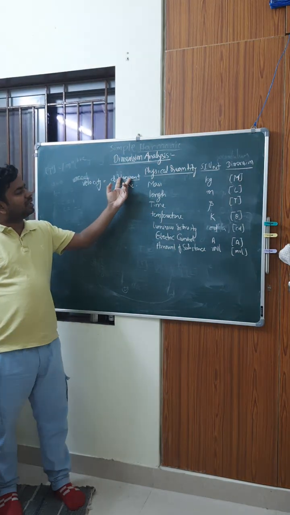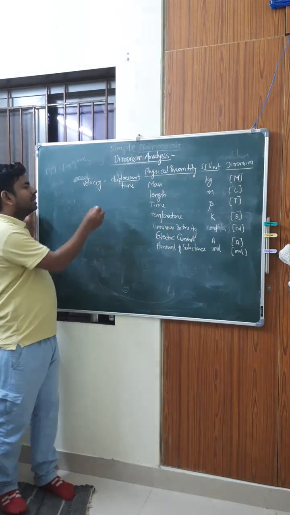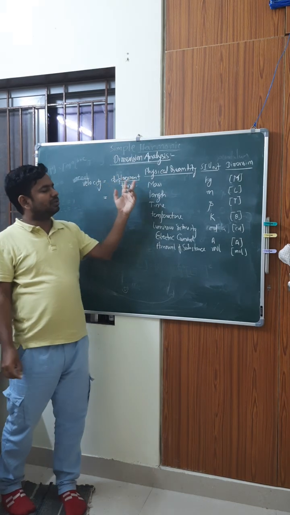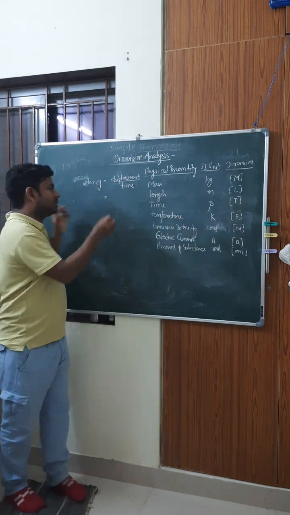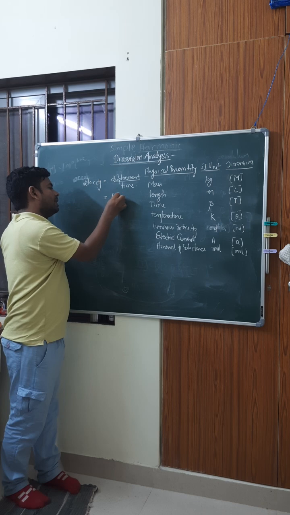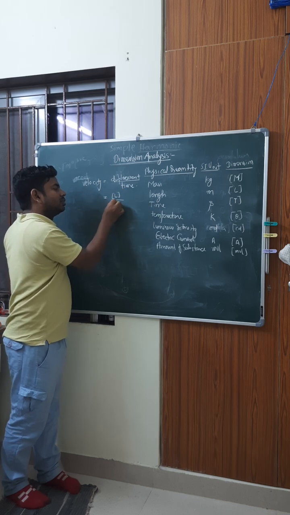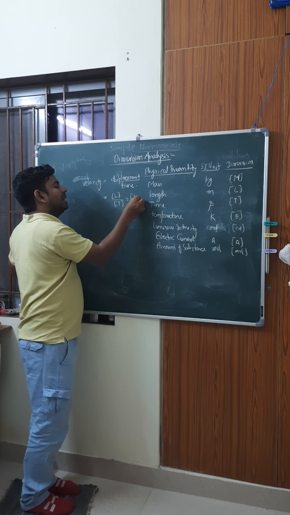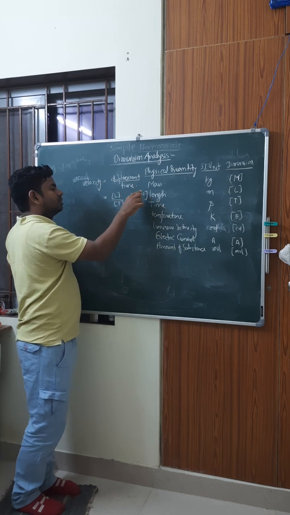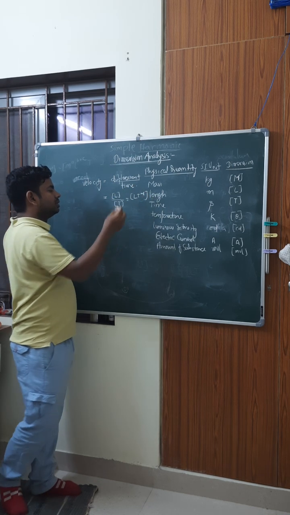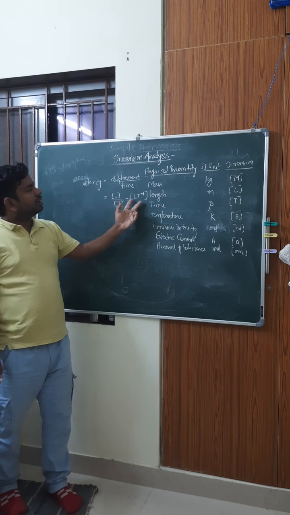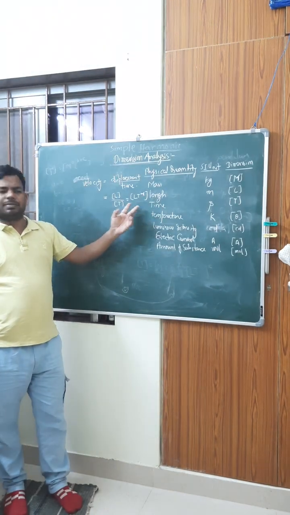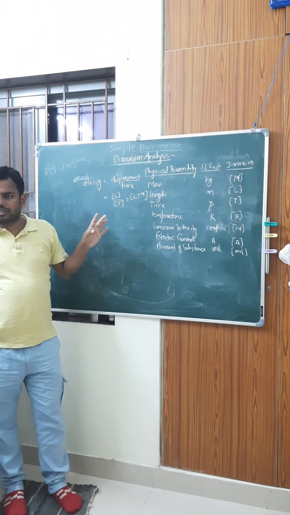So the dimension of velocity will be length, L, divided by time, T, so we write LT minus 1. This is the dimension of velocity. Similarly, speed has the same dimension.